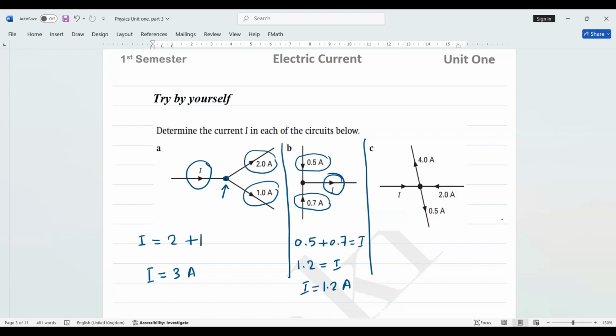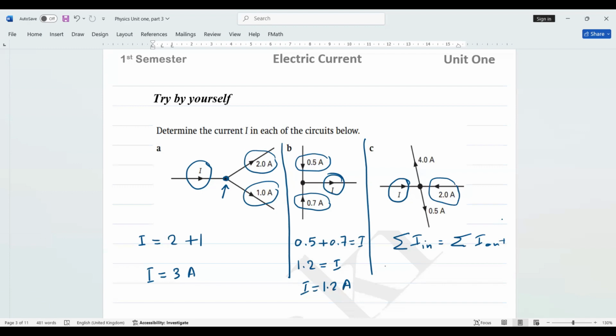Now, last part. I is current in. 2 also is current in. Then the sum of currents in equals the sum of currents out. The sum of currents in is I plus 2 ampere.